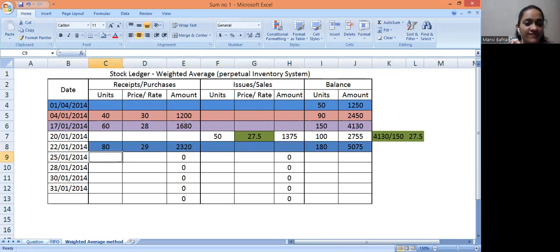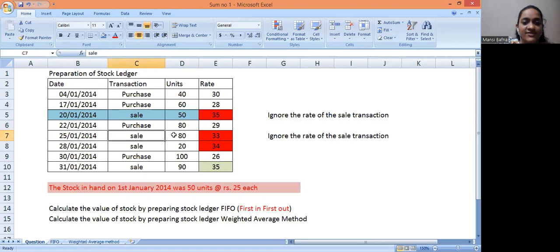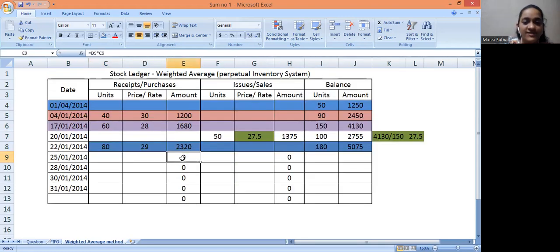Moving further, on 25th of January, you have a sale transaction of 80 units. Again, you're going to ignore the rate. For the rate calculation, what are you going to do? You are simply going to divide the previous balance by the number of units. So 5075 divided by 180. When you do this, the rate that you're going to be getting is 28.2.